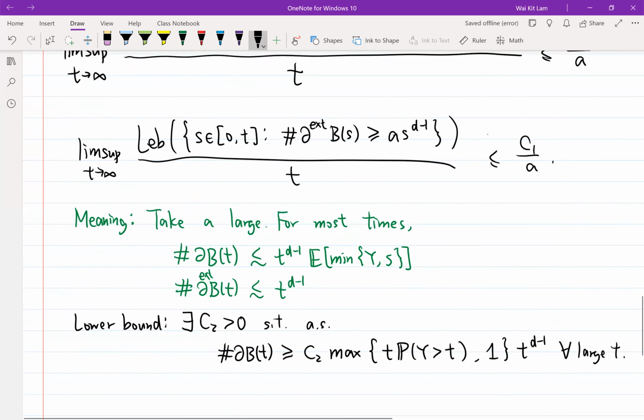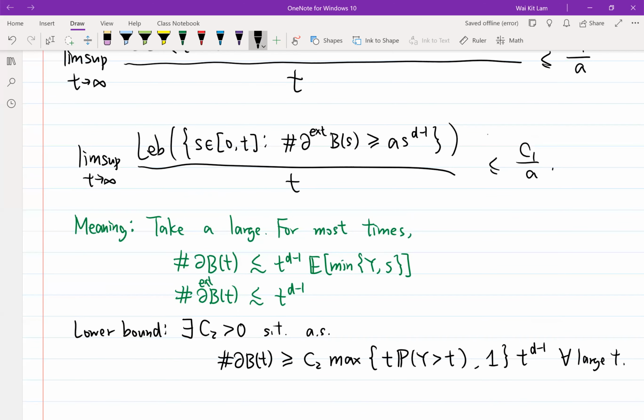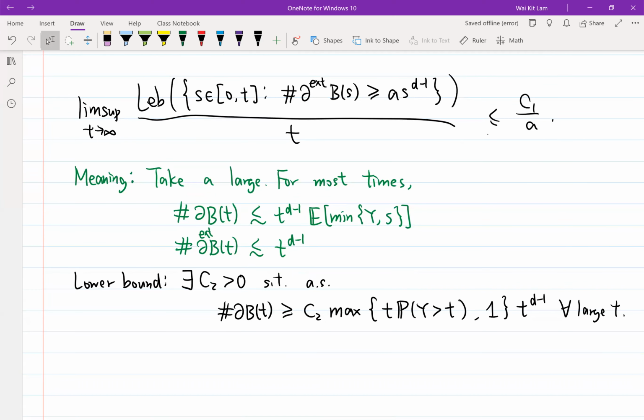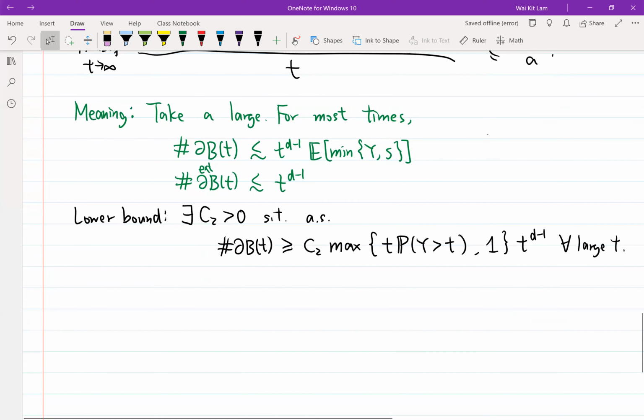Okay? So the difference between the upper bound and lower bound is that for the upper bound we can show that this holds for most times, but not for all time. And the lower bound would hold for large t. So let me give a brief summary for the bounds. So first, we know that the edge boundary is upper bounded by t to d minus 1 times this expectation.